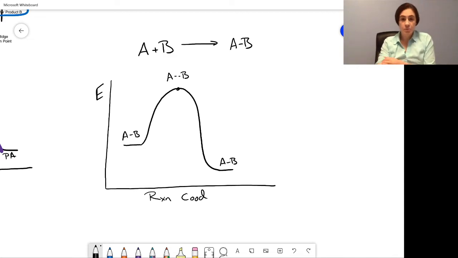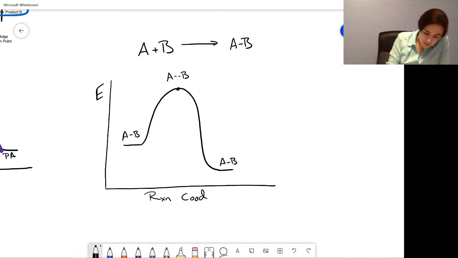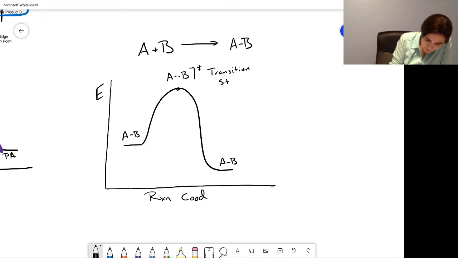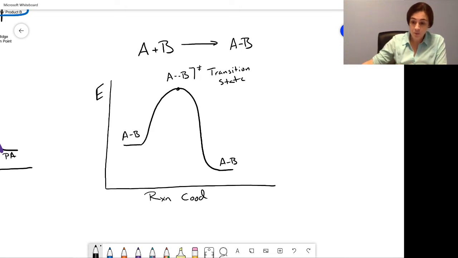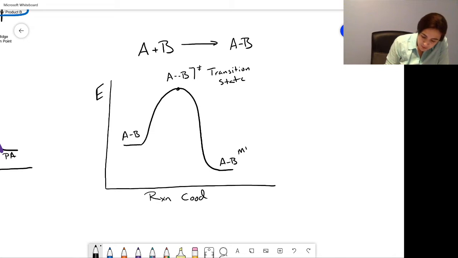So the highest energy point where A and B are coming together to form a new bond. So this we refer to as our transition state, and often you'll see that designated by a double dagger as drawn there. And again, it's the state in which it transitions from two reactants towards products. Right? And then these would be our minima.